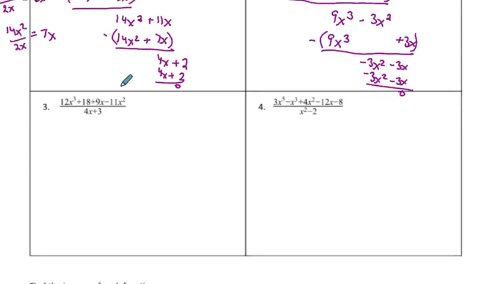All right, let's look at what we've got going on here. So arranging this, we've got 12x cubed minus 11x squared, 9x plus 18.